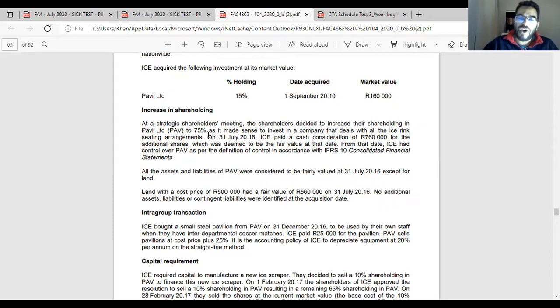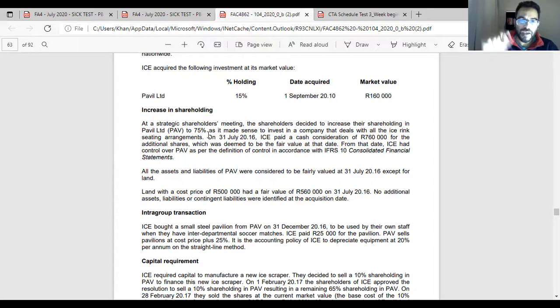So that means on 31 July 2016, the journal entries are simply the at acquisition date journal entries. The exact journal entries that we did at the beginning of the year when we did subs are going to happen over here, with one slight adjustment, and I'll tell you about it just now when we read about it.